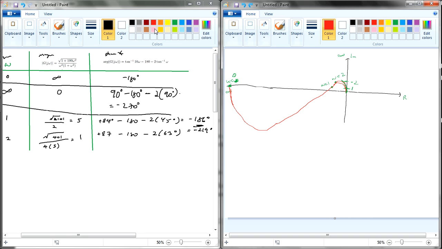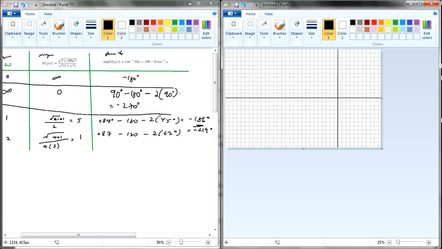Since I've shown you how to plot the Nyquist plot, let me also show you plotting in the grid. This is just a preview of plotting the magnitude, just to get a feel of plotting in a graph, so that in the future you may actually need it.